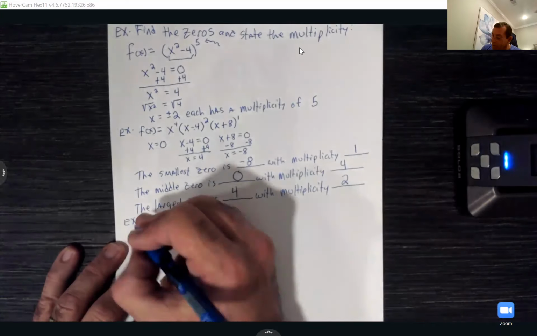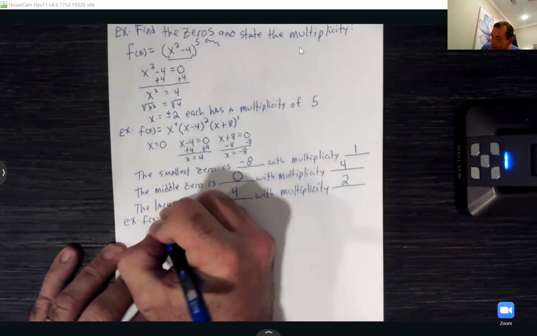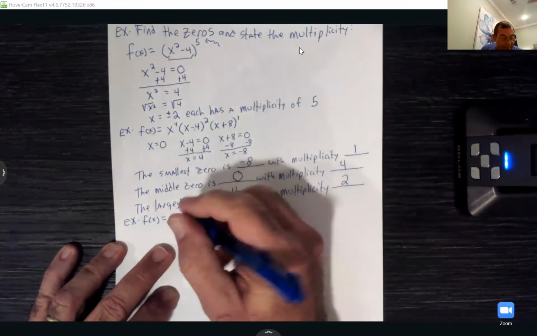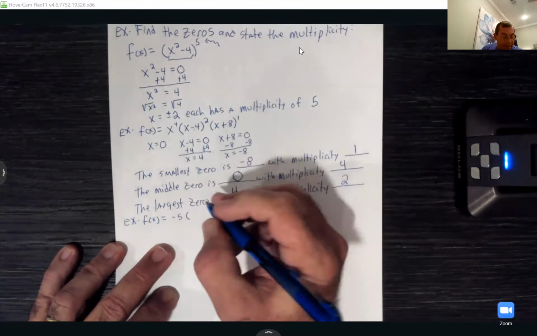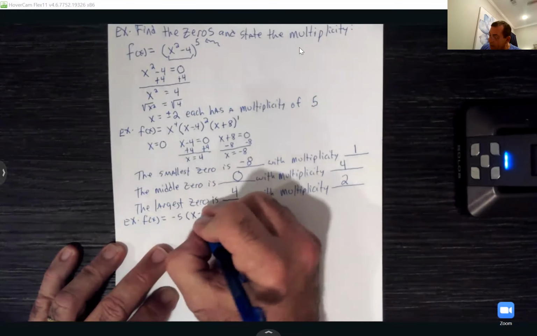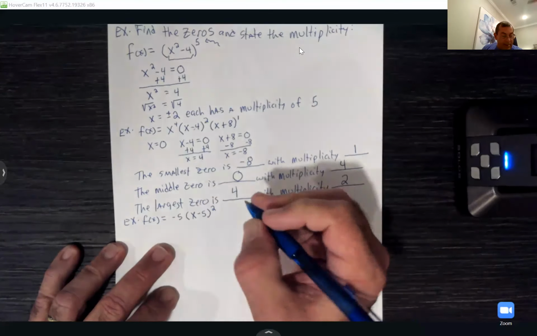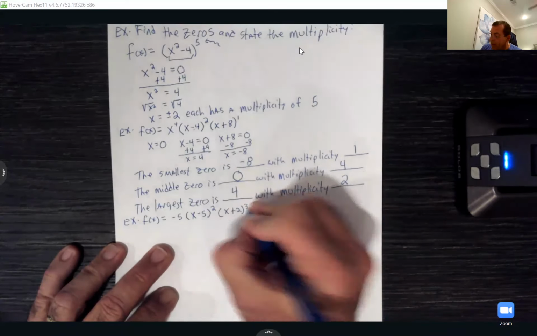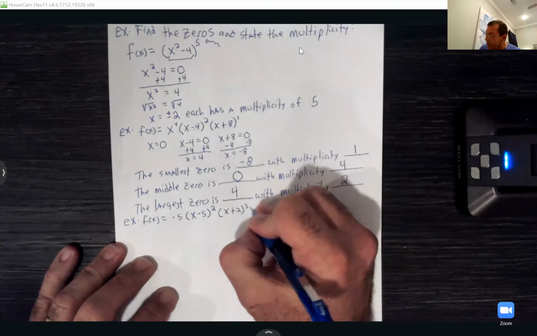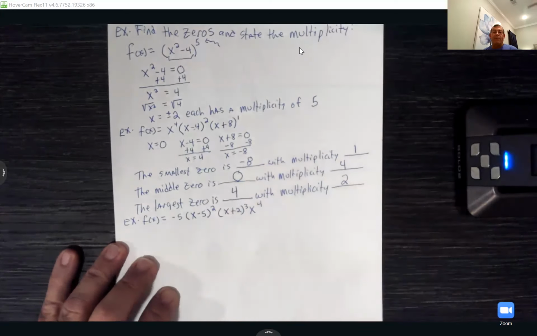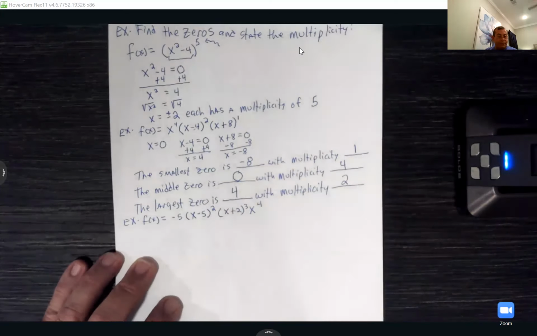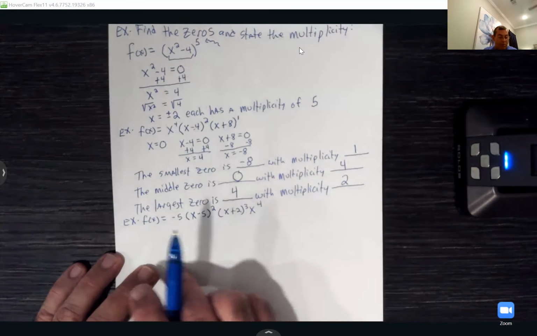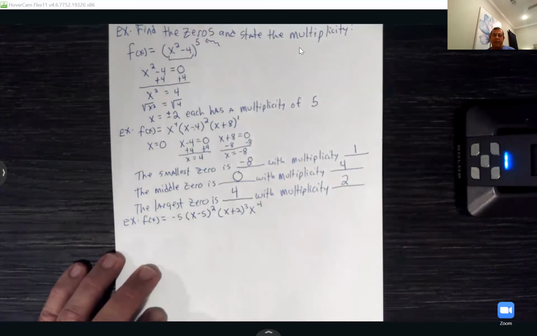So watch this one. This one they're giving us f of x equals negative 5 times x minus 5 squared times x plus 2 to the third times x to the fourth. So we'll get our zeros and then we'll see how they got these answers.